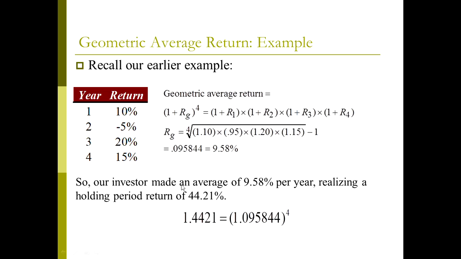So our investor made an average of 9.58% per year, realizing a holding period return of 44.21%. So basically, geometric average return considers the compounding power of the return. This is more accurate than the arithmetic return.